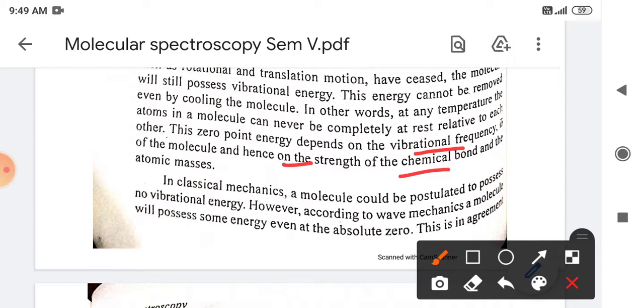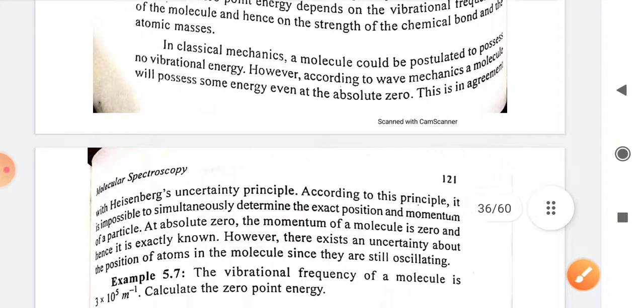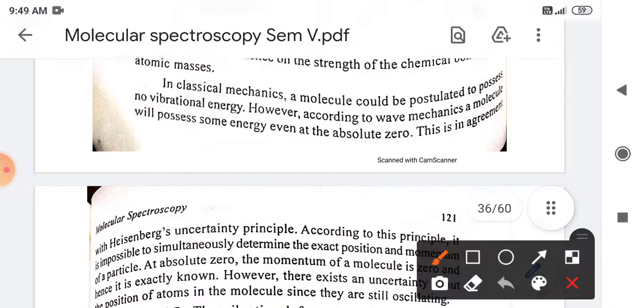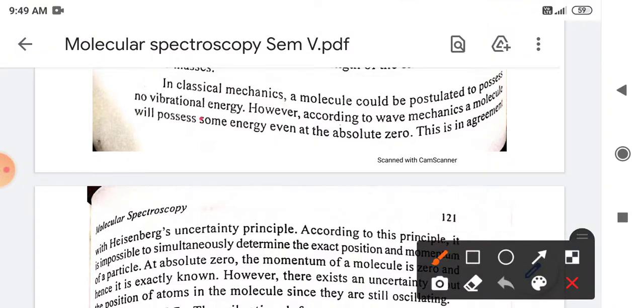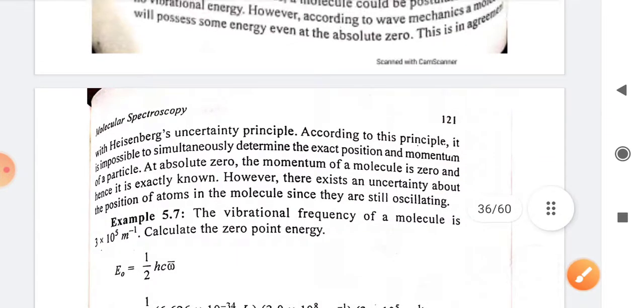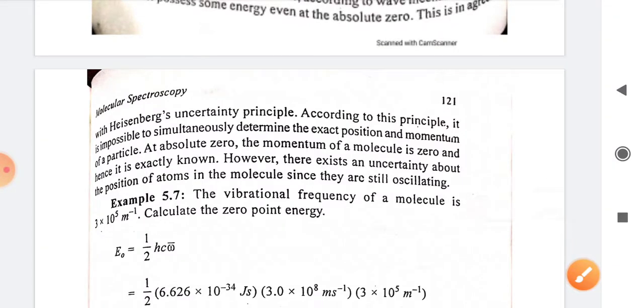So in classical mechanics we would say that the molecule will have no vibrational energy at absolute 0 Kelvin. We are expecting that, but according to quantum mechanics or wave mechanics, the molecule will possess some zero point energy which is not zero. There are certain postulates in quantum mechanics.